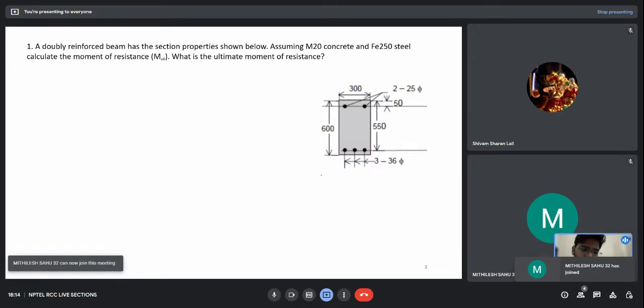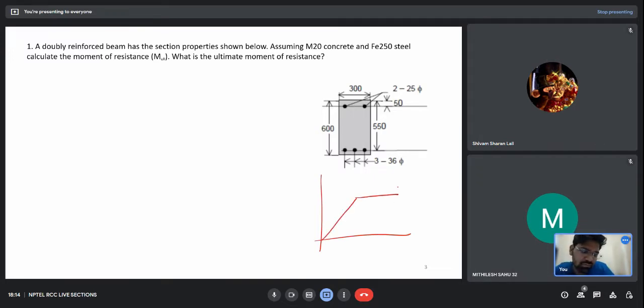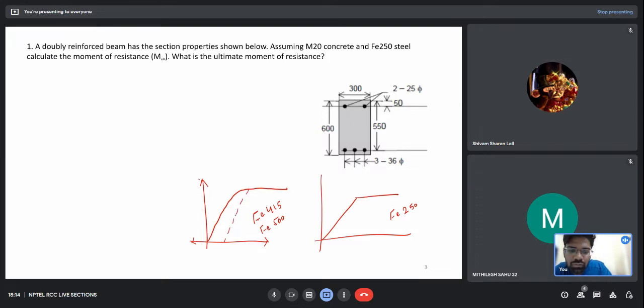Okay. Now before going to this problem, let me also explain this, though you must all be already knowing it. This is for Fe250. So Fe250 does not have any proof stress, while when I draw it for Fe415 or Fe500, there is a proof stress of 0.02.